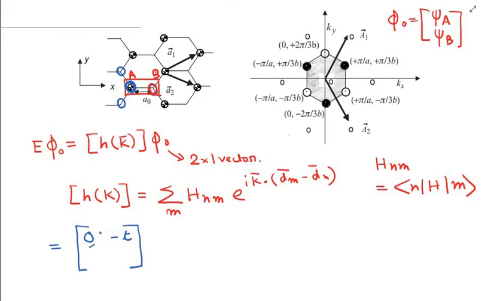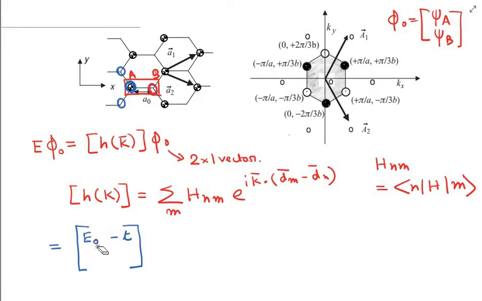Now this is the self term, how this atom A is coupled with itself. I will not state the reason that this term is 0 in this case, because earlier we have written this term as E0 in our earlier discussion.